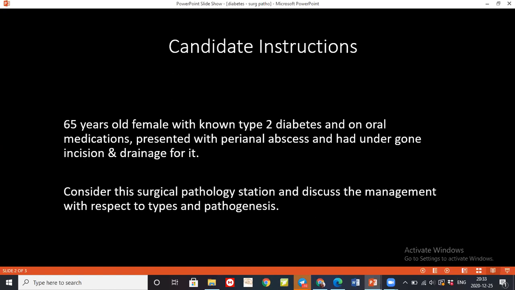How would you define the term abscess? An abscess is a collection of infected foci which contains... I'm not sure about the definition. I'm sorry.